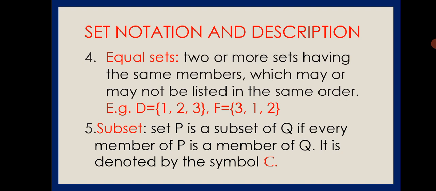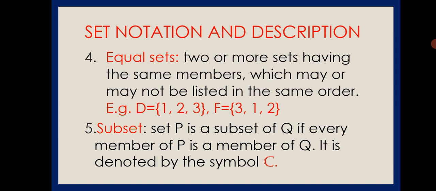Comparing these two sets, you could see that they all have 3 digits. But the first one, which is set D, is well arranged. That's 1, 2, and 3.